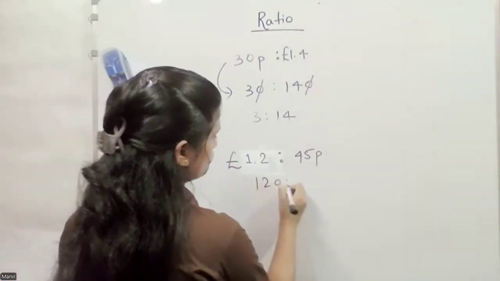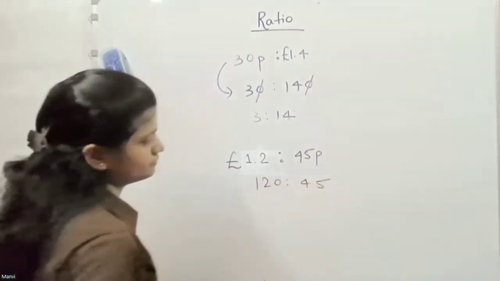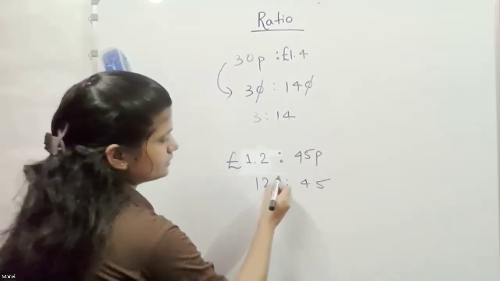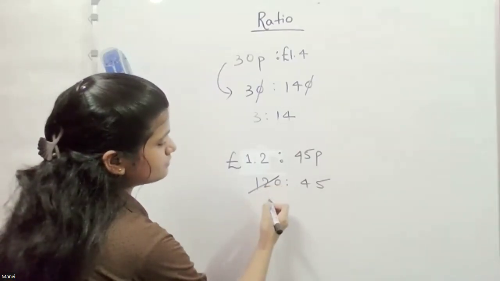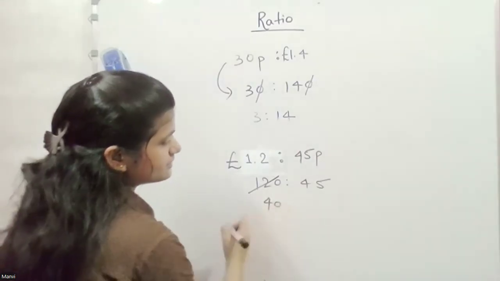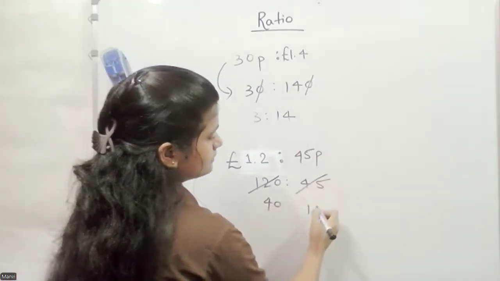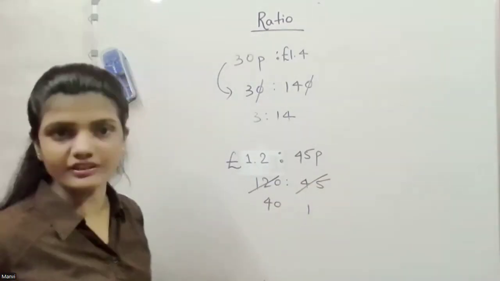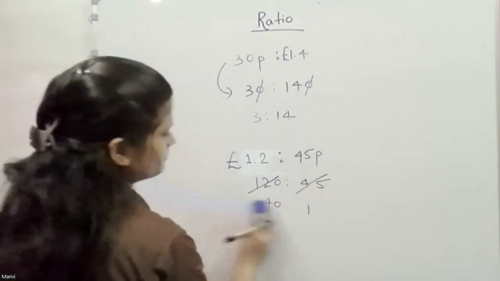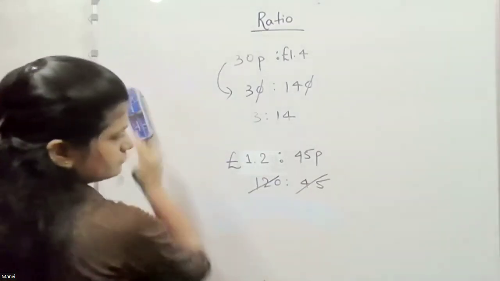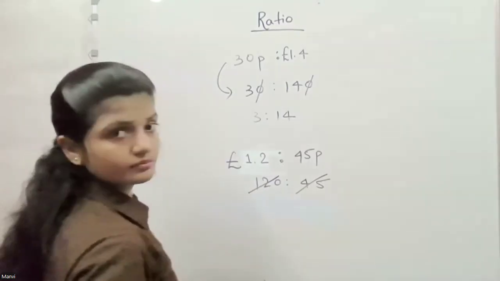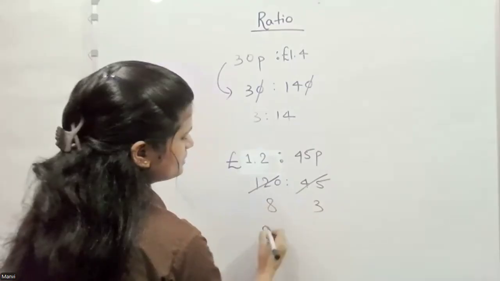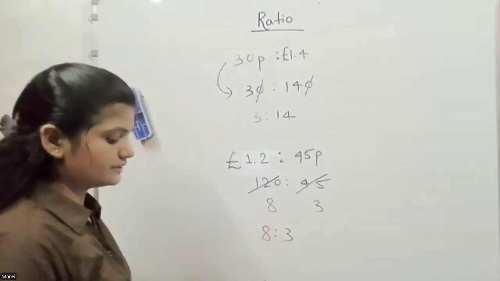But you could decrease it. 3 goes into 12 four times, and I was thinking of the 15 times table. If you know the 15 times table, then it becomes much easier. So the answer will be 8:3. Good.